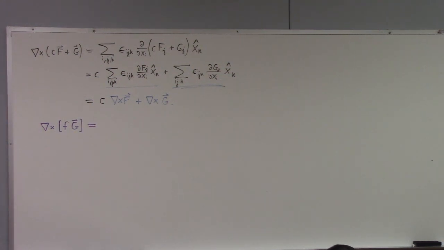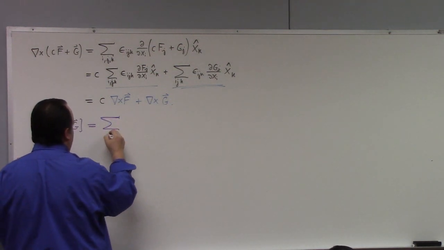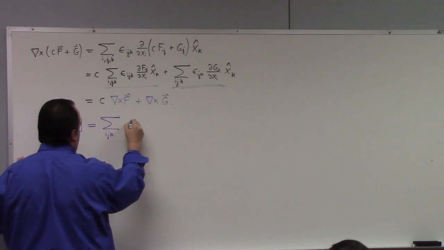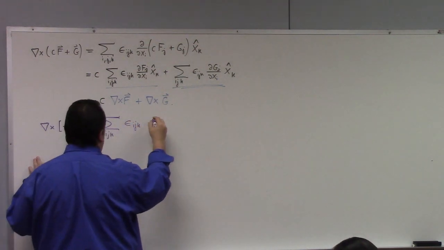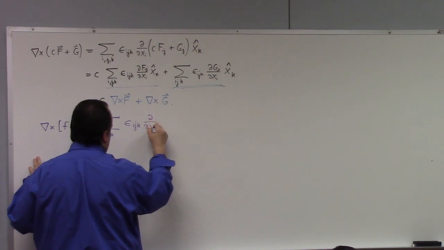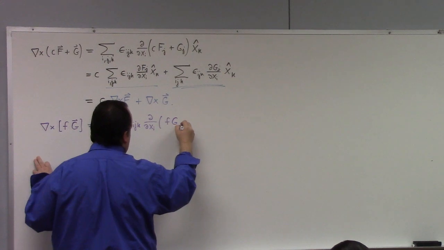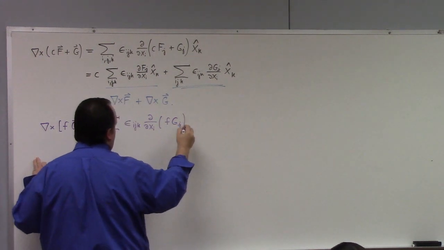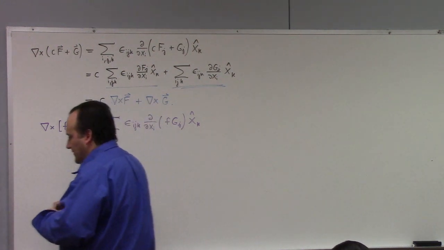So again, the same formula. We do the sum over ijk, epsilon ijk, that gives me the anti-symmetrized product, partial x_i of f times g_j x hat sub k. Now let me emphasize off to the side what I'm doing there.